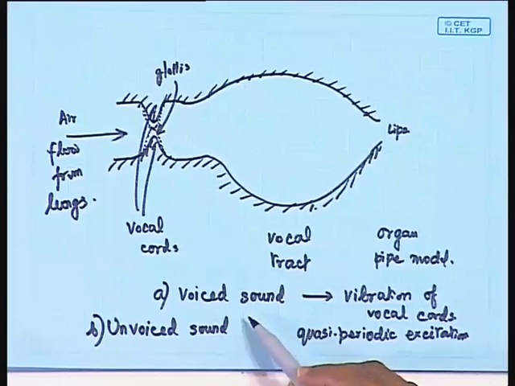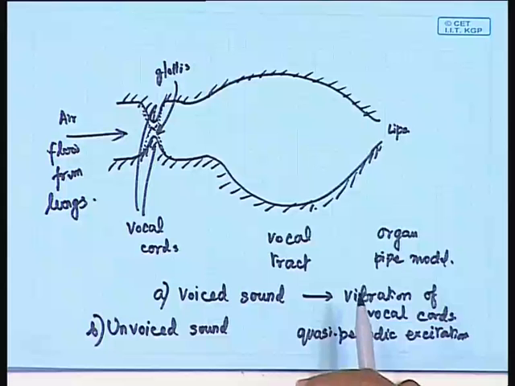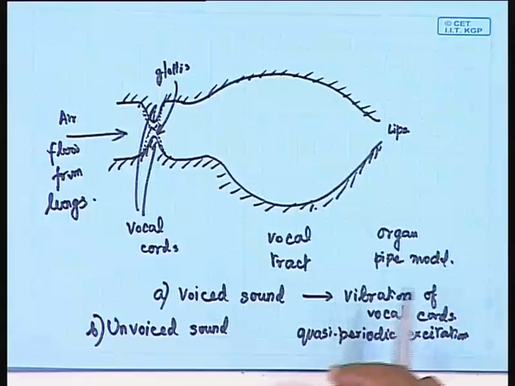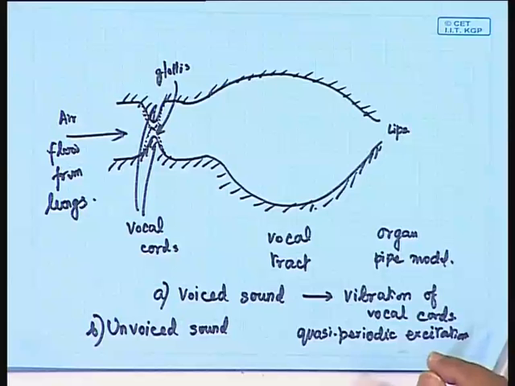So, we produce both these things, voiced sounds which are associated with vowels and some of the consonants, and also unvoiced sound. But as I was mentioning, unvoiced sounds, since they are not produced by the vibration of vocal cords, we should not model them like the quasi-periodic excitations, but instead we should put a kind of noise generator model.